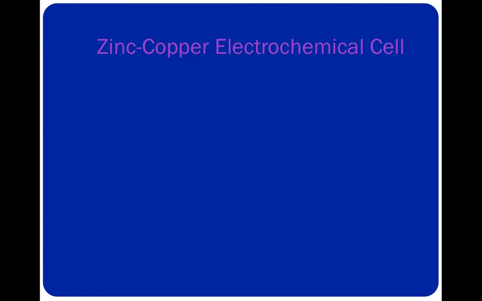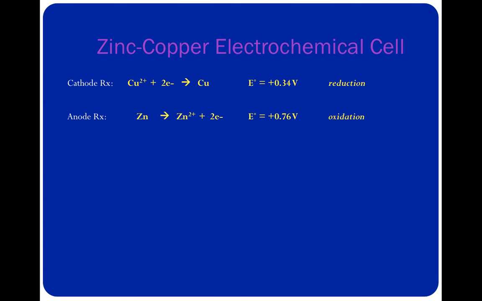So let's look at a zinc-copper electrochemical cell. When we look at our chart, we see copper 2 plus is above Zn 2 plus, so the copper 2 plus is going to reduce. And the zinc, which we find on the right, as a reducing agent, is going to oxidize. So we took the plus 0.34 volts from the chart.